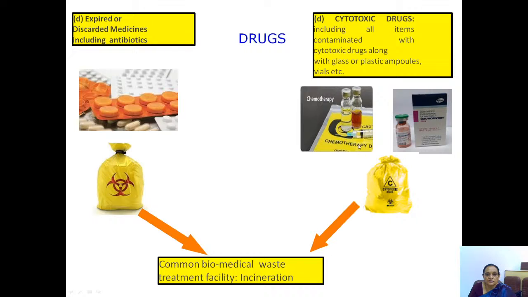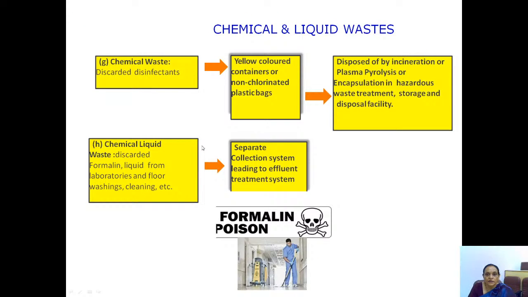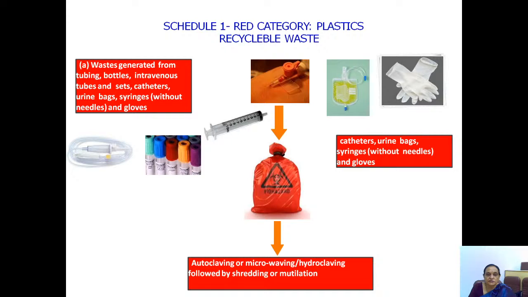So these are the other drugs which we have labeled, just a pictorial, all laboratory waste like cultures, etc. Chemicals, liquid wastes. Then the red category, which is the largest junk, the plastic waste. All the PPE, the gloves now, then other devices, catheters, ampoules, vacutainers, syringes.